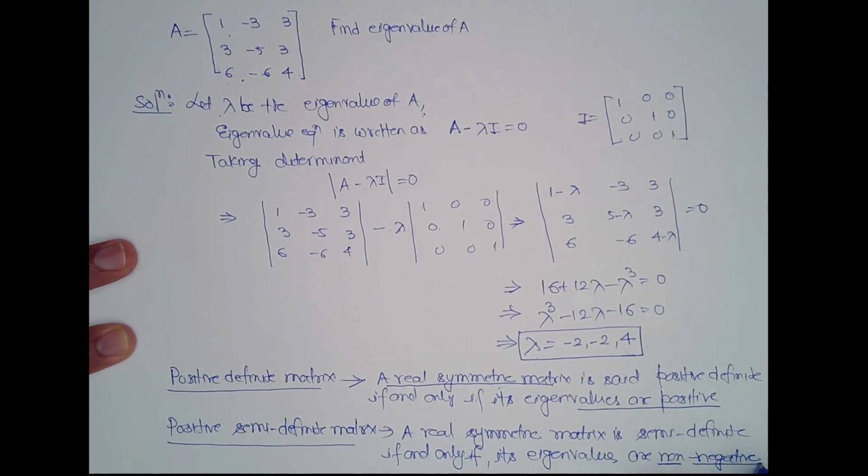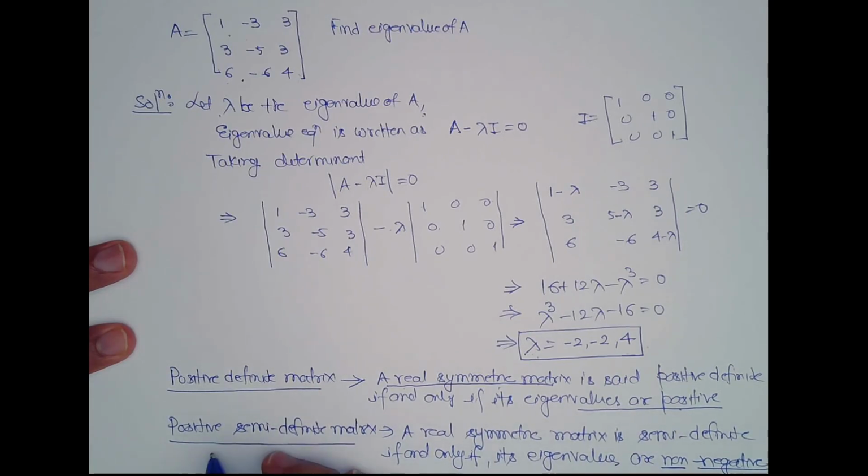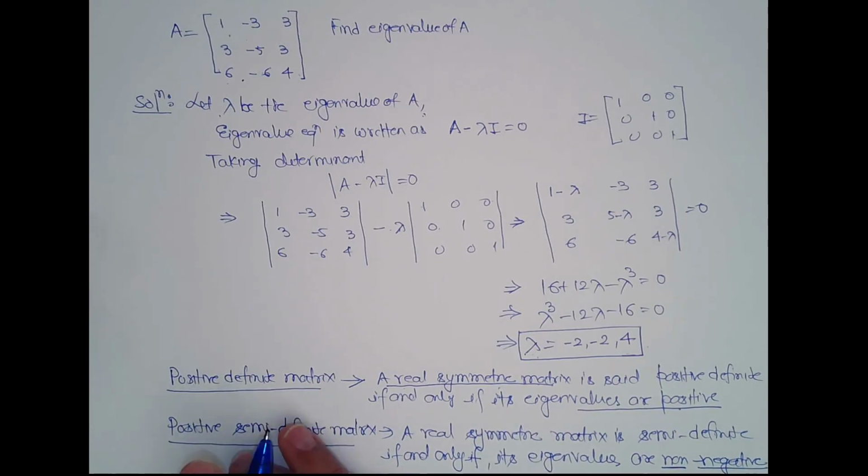Non-negative means positive, surely positive, 1, 2, 5, 10, but it may also include 0. So we call it a positive semi-definite matrix. This way you have understood the finite element, the linear string as a finite element.